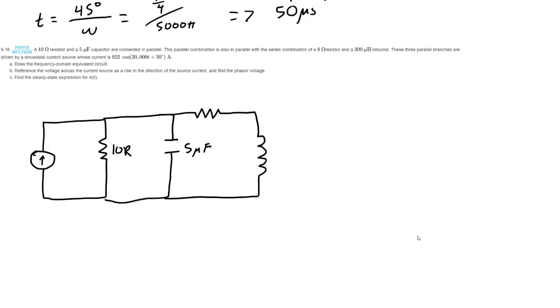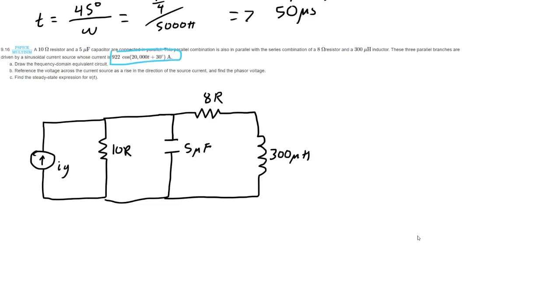This is 300 microhenry, and an 8 ohm resistor. And IG is 922 cosine of 20,000 radians per second t, plus a phase angle of 30 degrees.